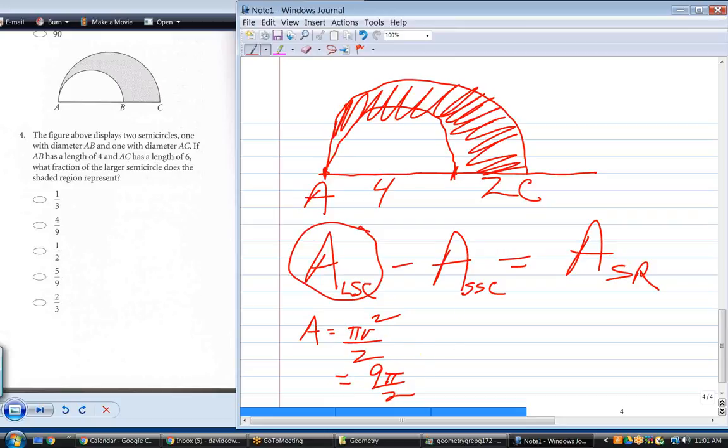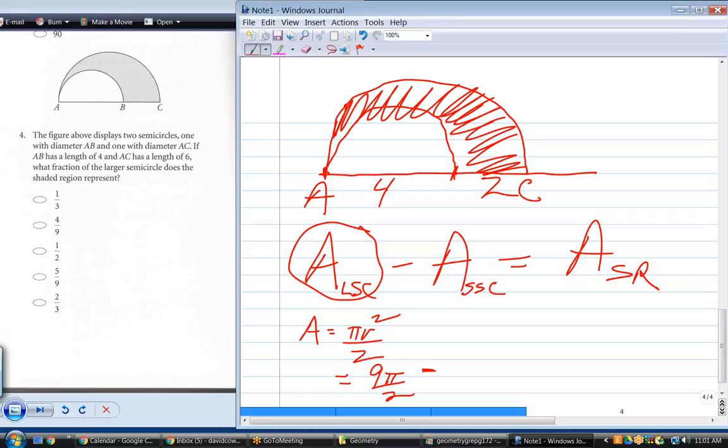Now, what's the area of the small semicircle? The area of the small circle is 4. What's the area of the small semicircle? And your answers almost always need the number pi in them. Yeah, so 4 pi.